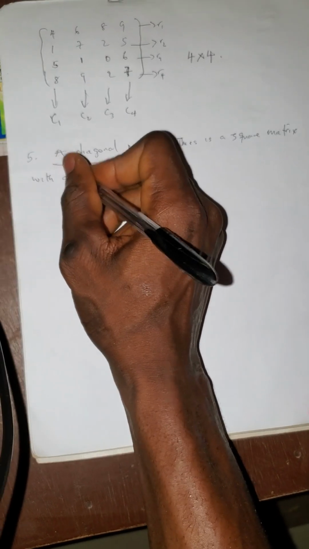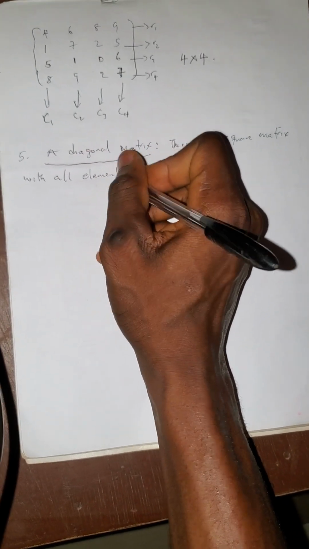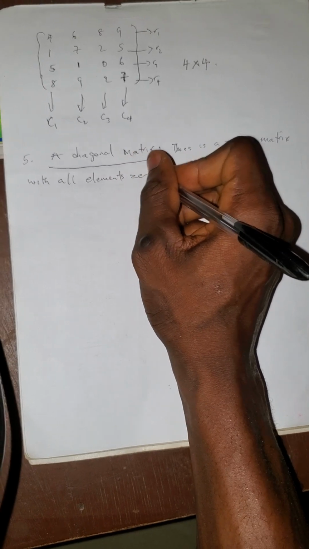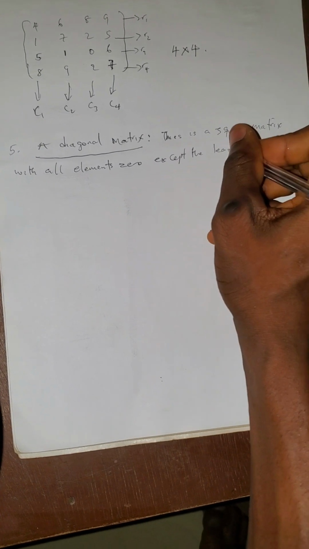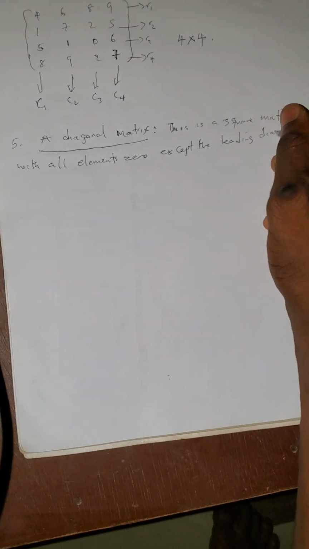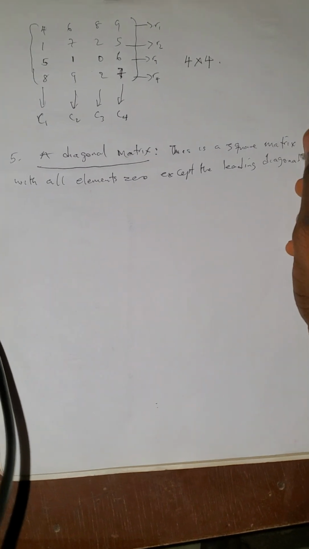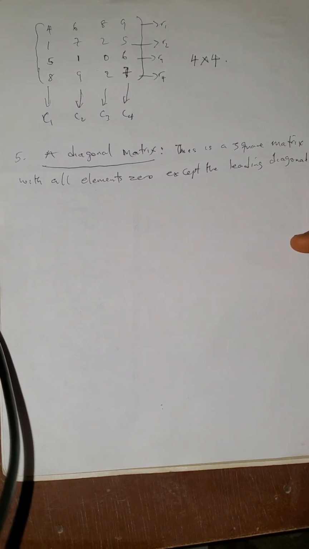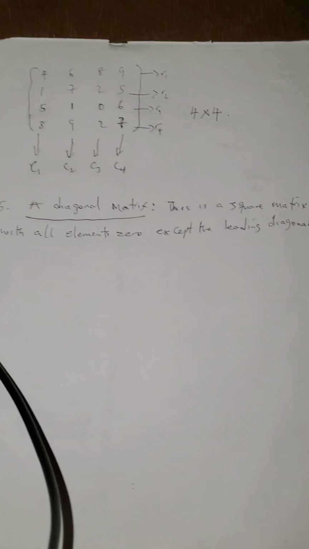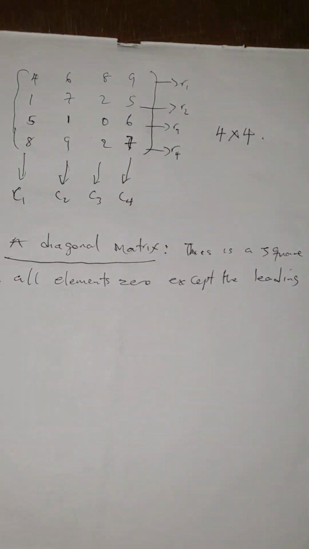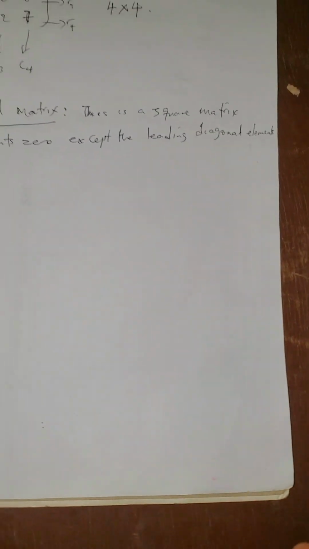A diagonal matrix is a square matrix with all elements 0 except the leading diagonal element. A diagonal matrix is a square matrix with all elements 0 except the leading diagonal element.